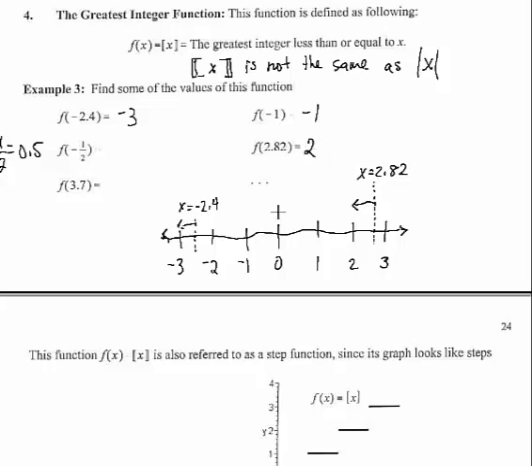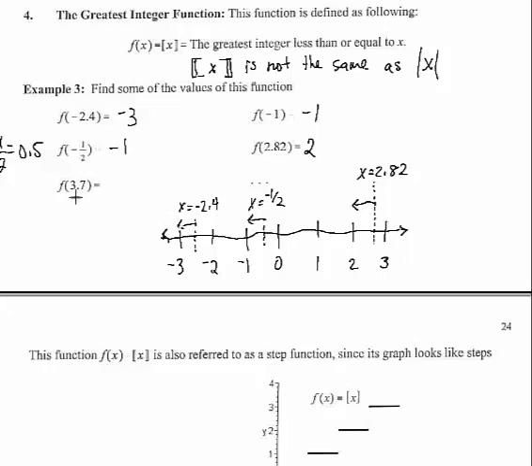Okay, so with the greatest integer function, we always look to the left on the number line. Where is -1/2? Well, it's 0.5 to the left of 0. If we look to the left, the first integer that we run into is -1.